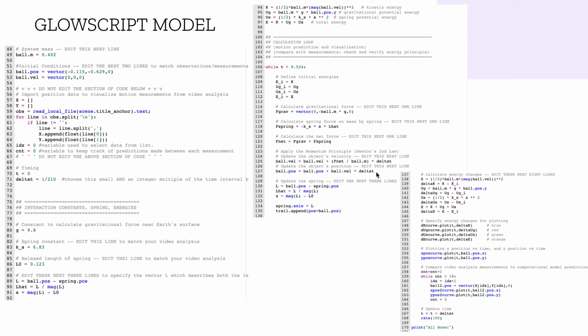And since we have these equations and we are updating the position and velocity, we had to update the spring conditions we previously had here.